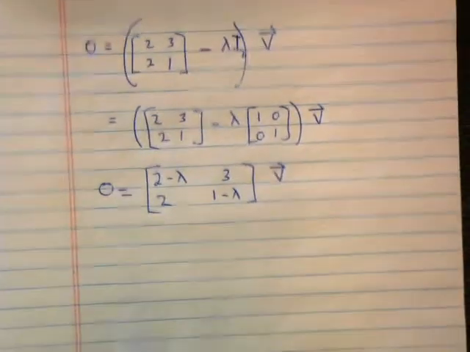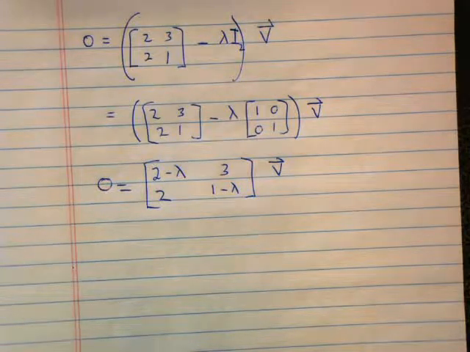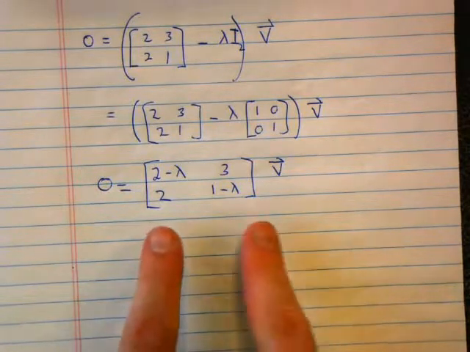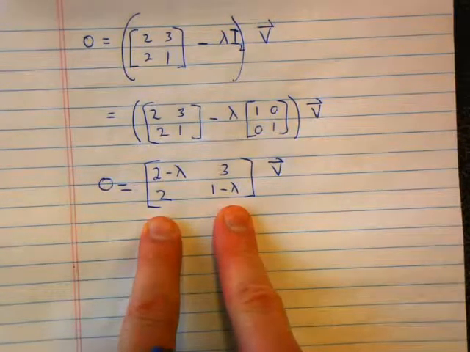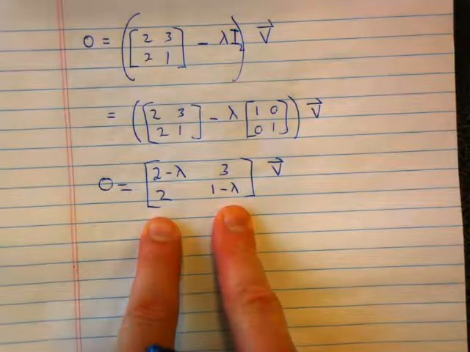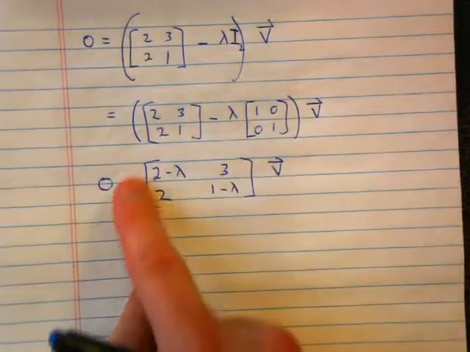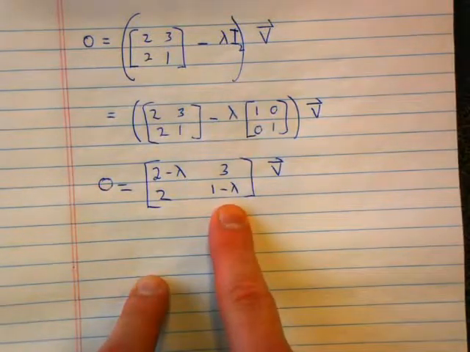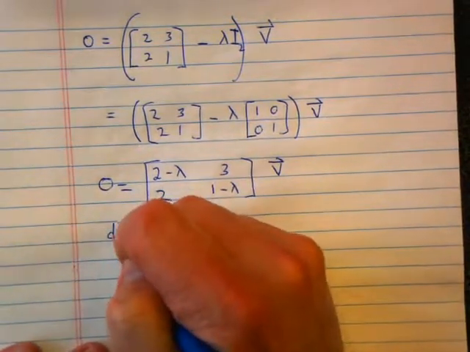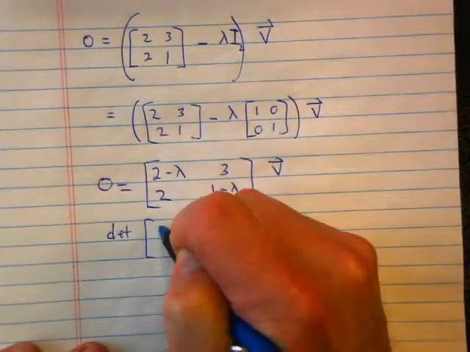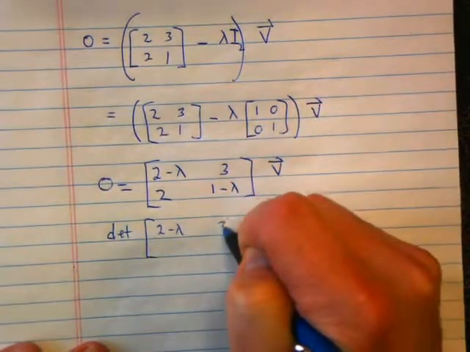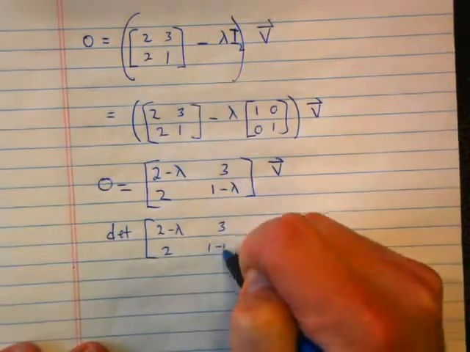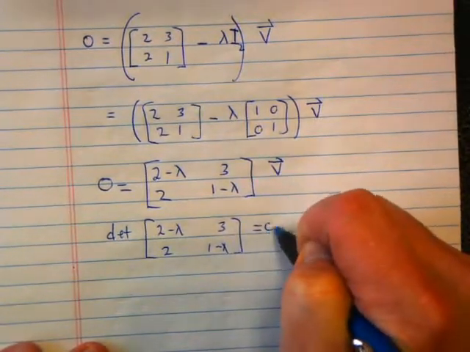All right, now there's an important theorem from linear algebra that says this equation has a solution if and only if the determinant of this matrix is a special number: 0. So we need the determinant of this matrix to equal 0.